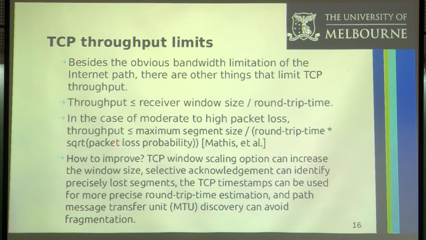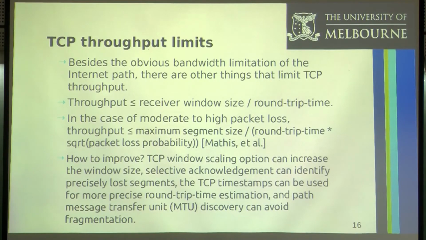But once you start getting some packet loss, if the packet loss were 1, then you're back to a situation where the maximum throughput is limited by the maximum segment size divided by the round trip time. Let's say it's really close to 1.